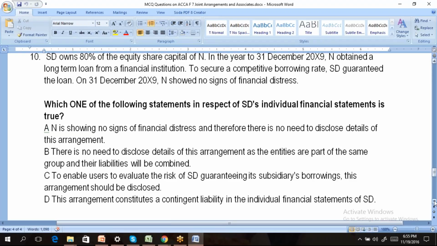But a joint operation can also be a separate entity, while a joint venture always has to be a separate entity. So that's the thing that you have to know. This is all in IFRS 11, the new standard.